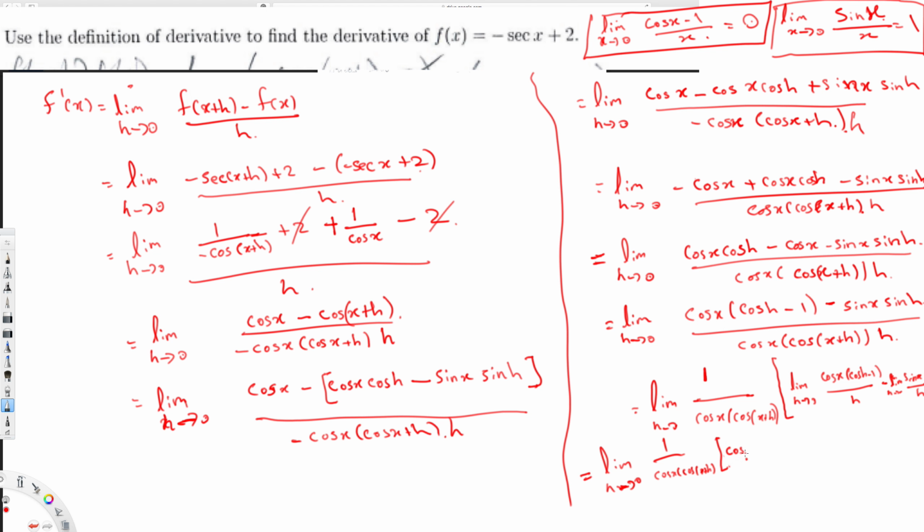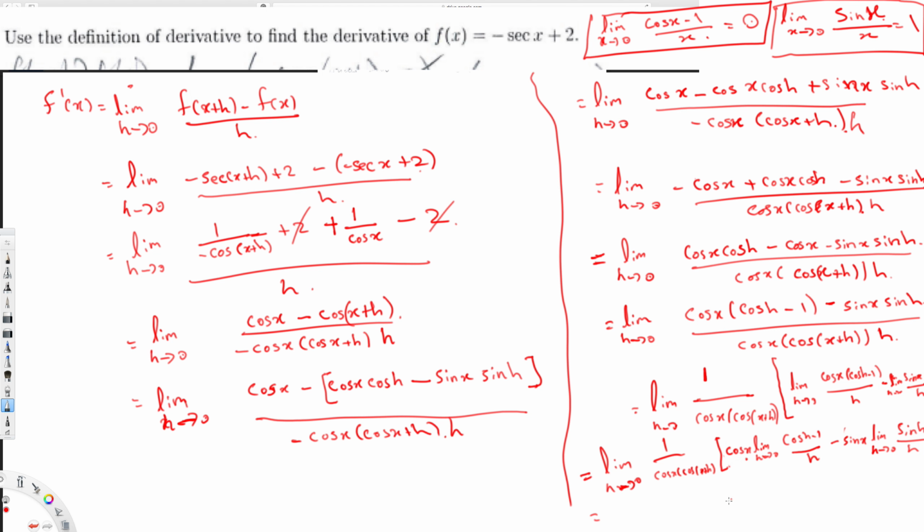So it's going to be cos x, limit h approaches 0 of cos h minus 1 over h, then minus limit. Here also I can do the same thing. I can bring the sin x to the front, so it's going to be sin x, limit h approaches 0 of sin h over h.